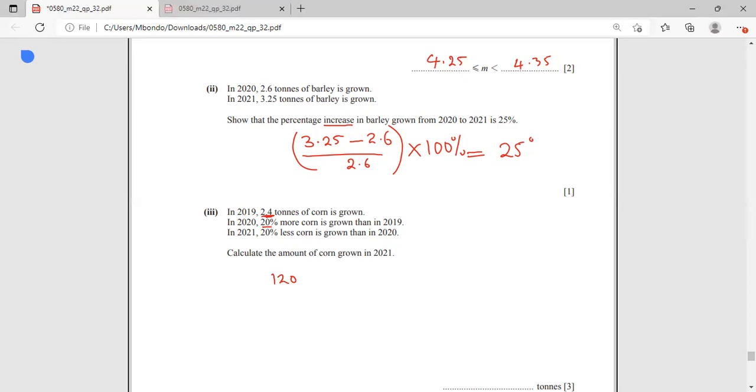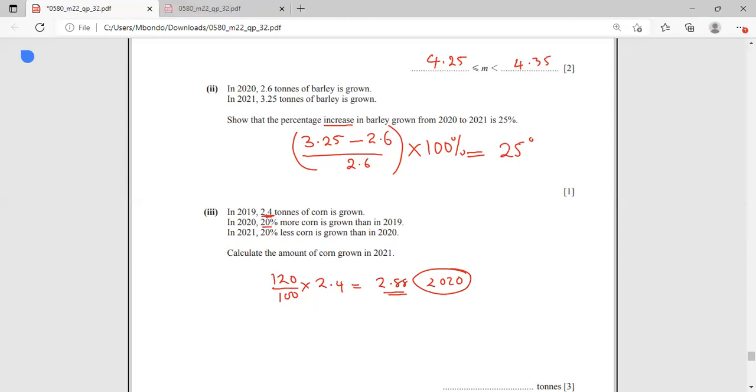On 100%, we are going to have an addition of 20, so we say 120 over 100 because of that increase, multiplied by 2.4. This is going to give us 2.88 tons. This is what was grown in 2020.